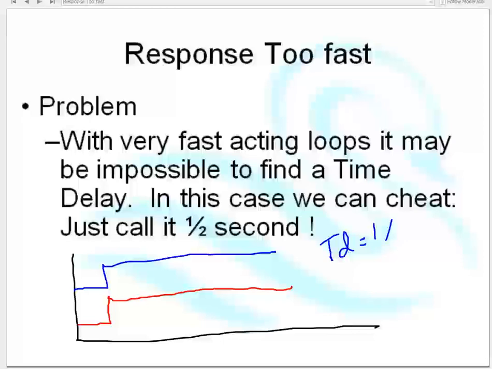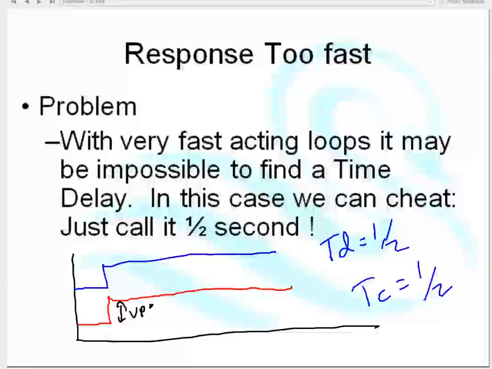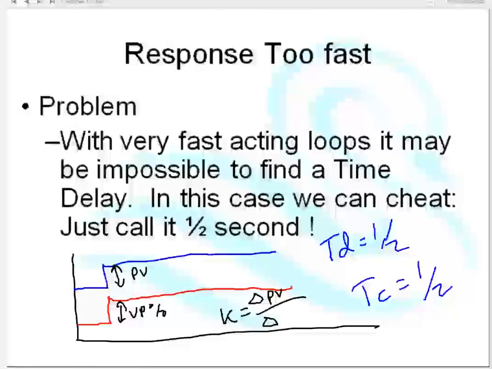I'm going to say the time delay was half a second and the time constant was half a second. I can still calculate the open loop gain, which is the important one, by working out the change in the valve and the change in the process variable, because the open loop gain is still the change in process variable divided by the change in the valve position. So I can still calculate that, and that'll give me halfway decent numbers.